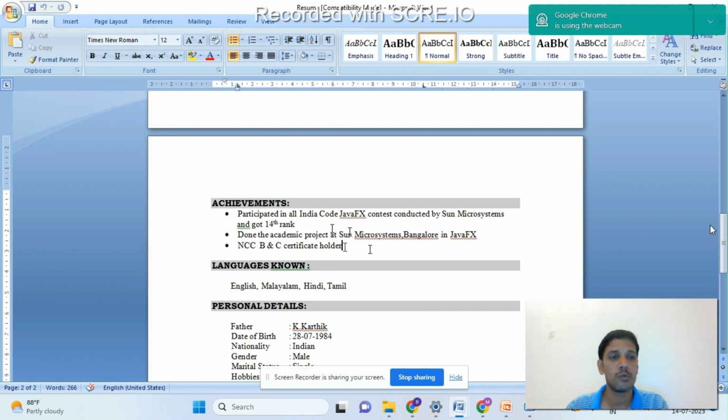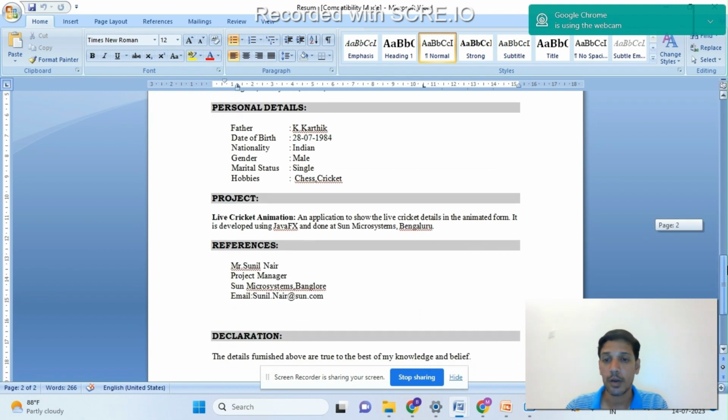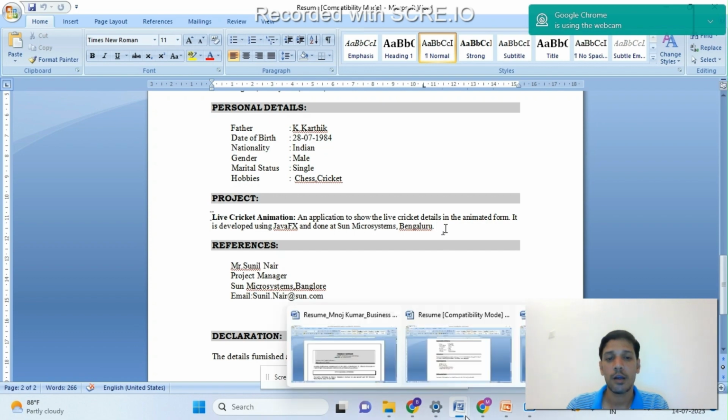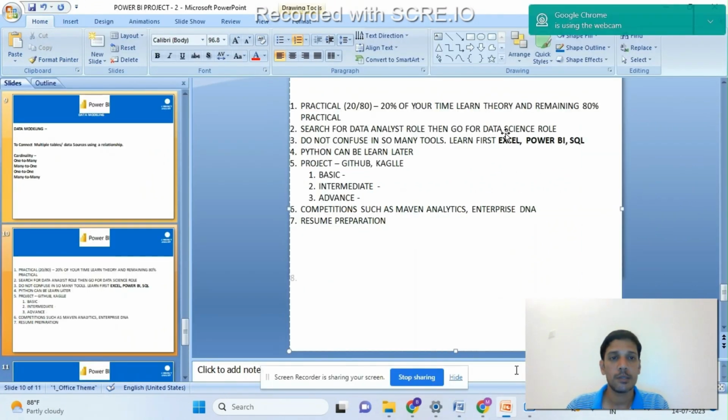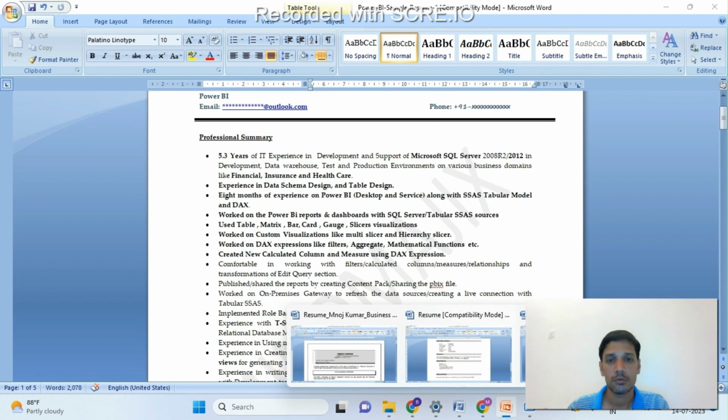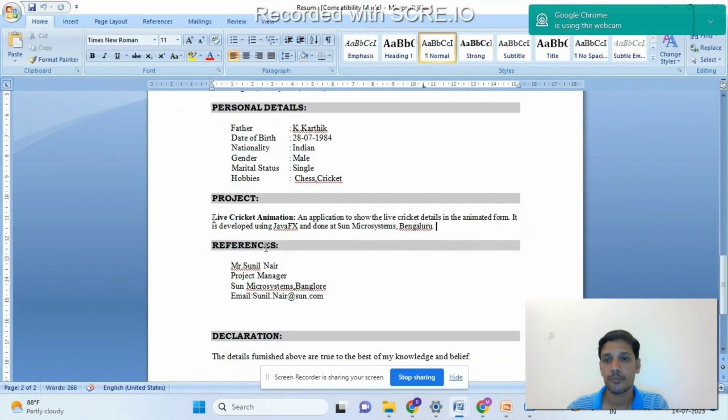So those kinds of things you have to do, and of course the project is important, and that project should be related to any kind of analytical roles. You have to do a project where your skills, which I mention here, Excel, Power BI, SQL. So within these three tools, you have to show any kind of project in your resume. Here, you have to show a project.